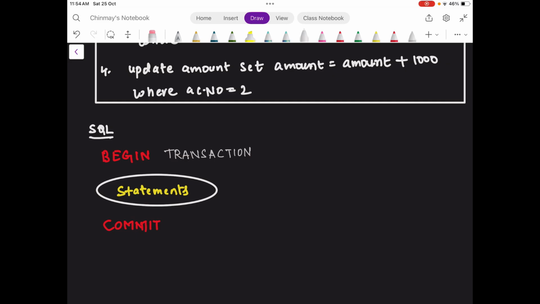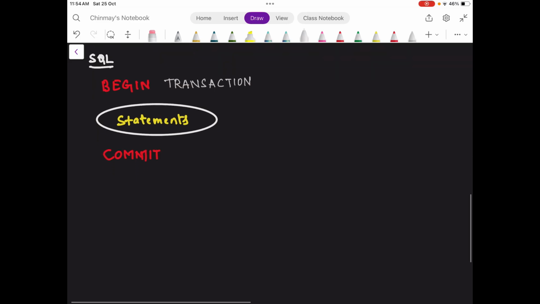Now we need to understand the ACID properties.